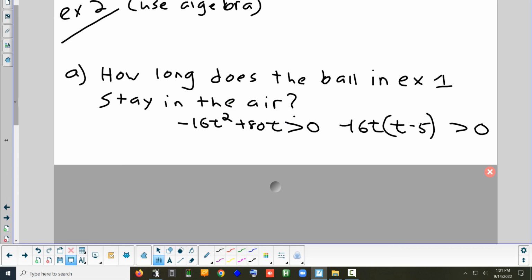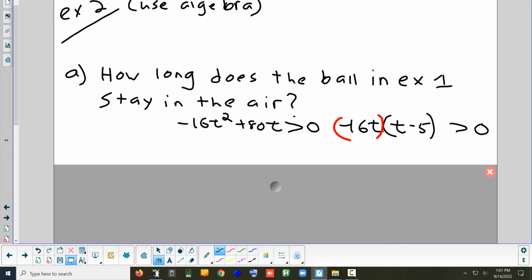Now, we have two factors there. You don't need parentheses around this one, but just to be clear which one I'm talking about, the factor in the red parentheses is negative 16t. The factor in the black parentheses is t minus 5. What kind of number did we just say t is always going to be? Positive. t is always a positive number.